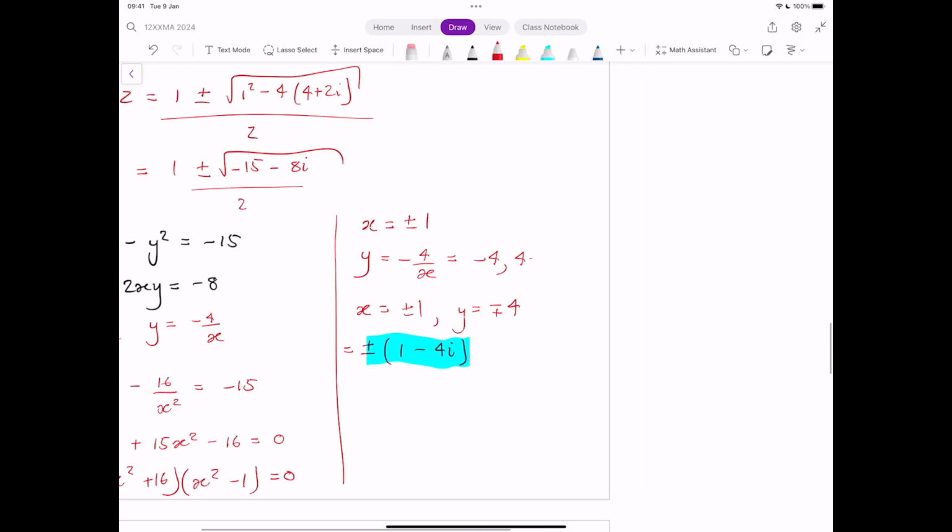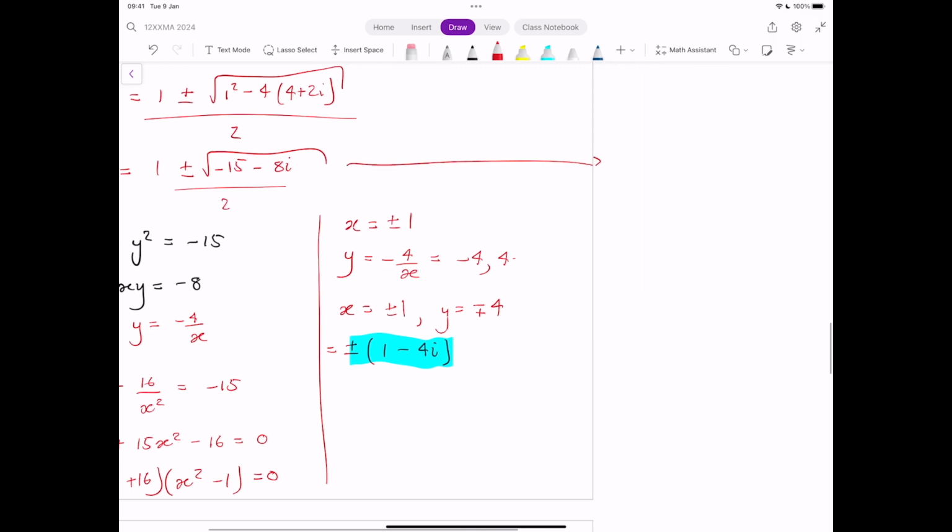So putting that back into our formula over here, we've got 1 plus or minus 1 minus 4i over 2, which is equal to, if we type into our calculator, 1 plus 1 minus 4i on 2, we get 1 minus 2i, and then 1 minus 1 plus 4i, the second solution, we get 2i. So those are my solutions there. All right, hope that makes sense. That's the square root of complex numbers.